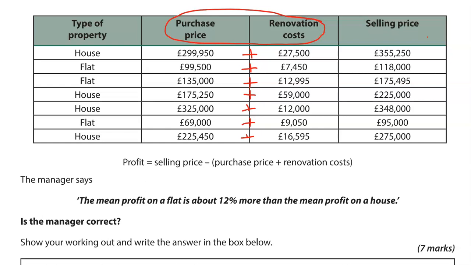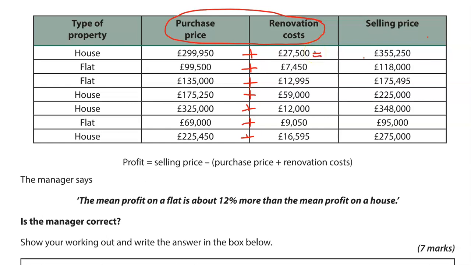So once I add £299,950 and £27,500 together, I can take away that total from £355,250 to work out the profit.